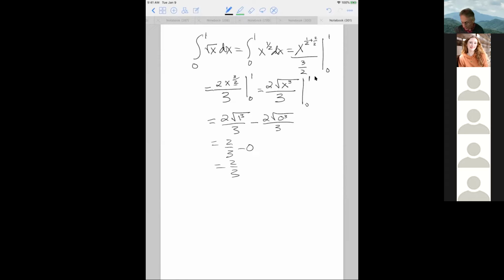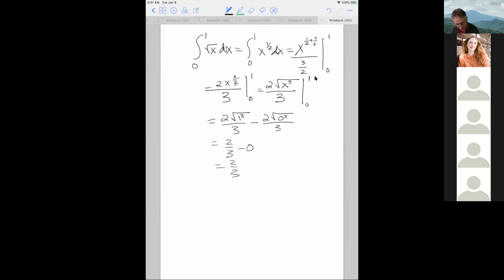All right, really quickly, let's do this on the calculator and verify that it's right. I'm going to go to Math 9. And I'm going to do the integral. Okay, I'm going from 0 to 1 of the square root of x. So I'm going to put literally the square root in here.